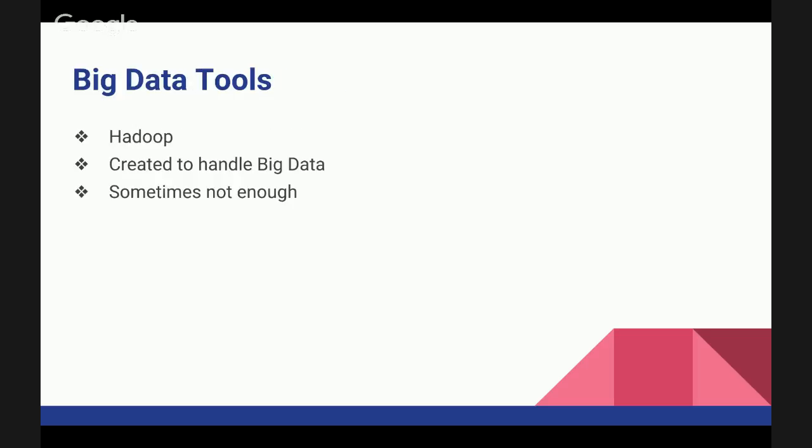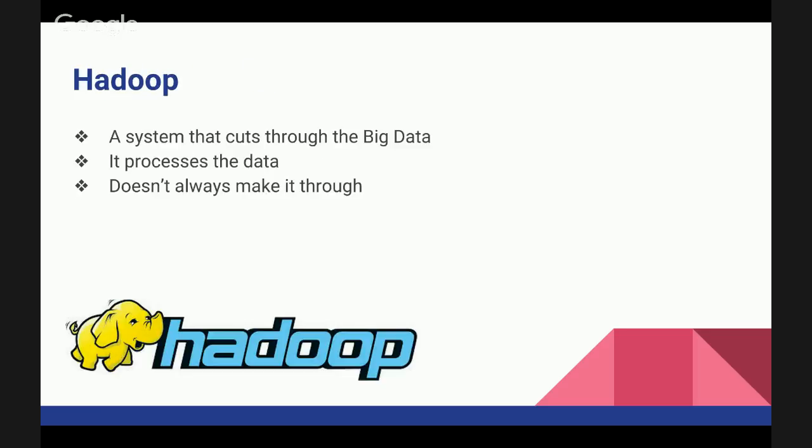So big data tools are used to handle big data. So sometimes it's not enough, but we have Hadoop, which is a great tool that people have created and many companies have adopted to use today. So the system, Hadoop, it cuts through big data and it processes the data. So let's remember the large disk going into the computer.